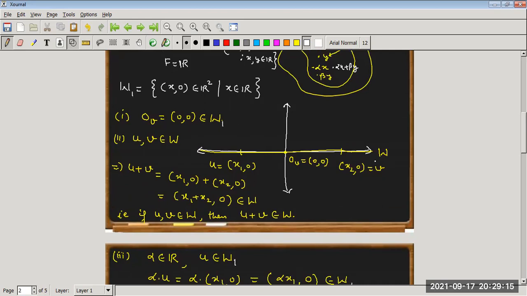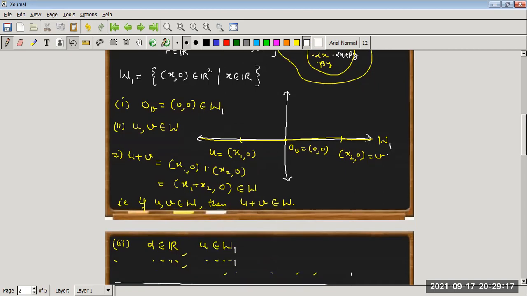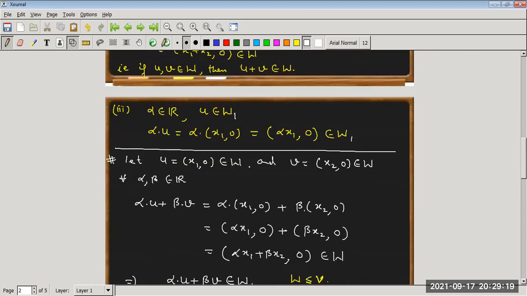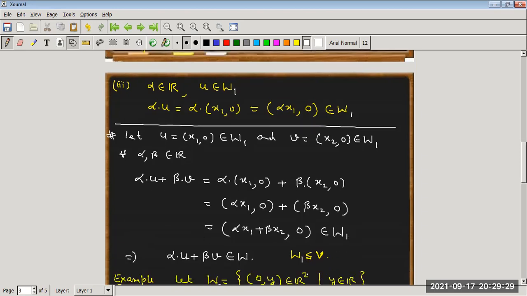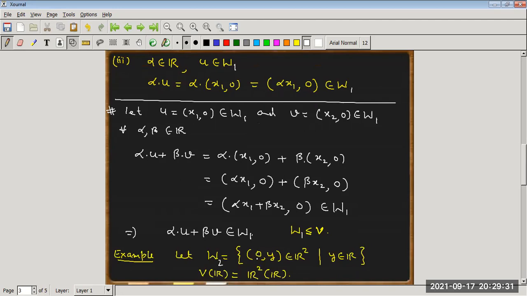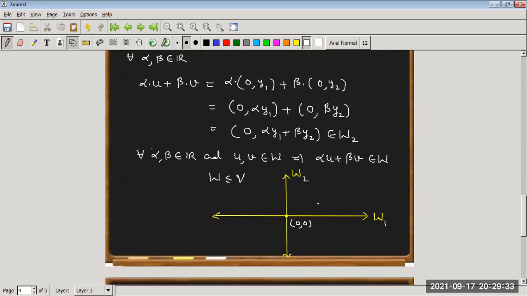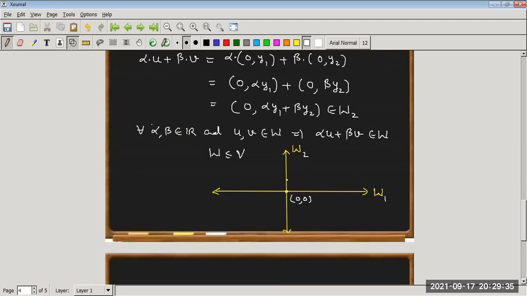If this is our W1 and this is W2, we get that, first, the identity element belongs to both W1 and W2, right?